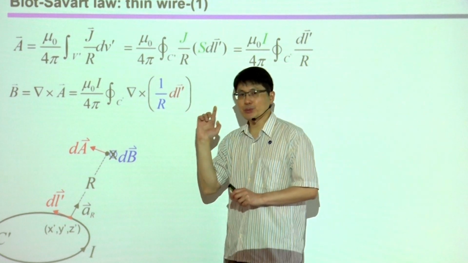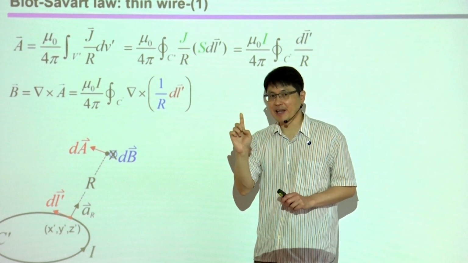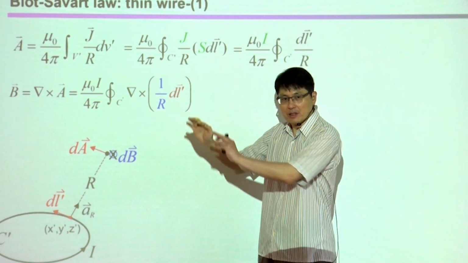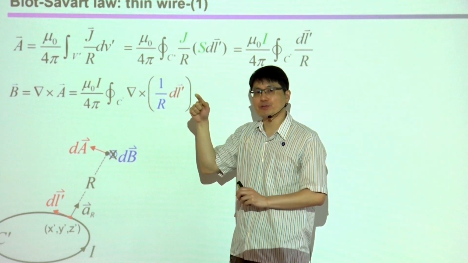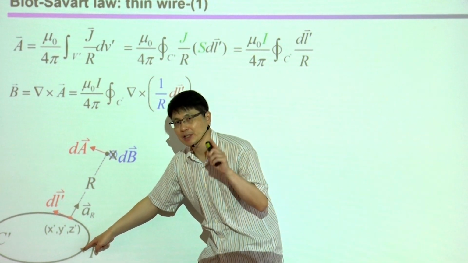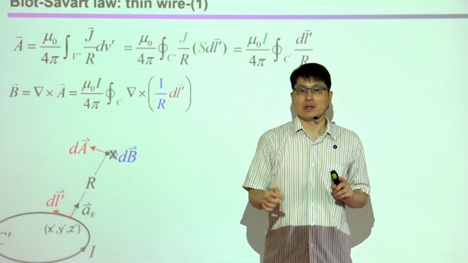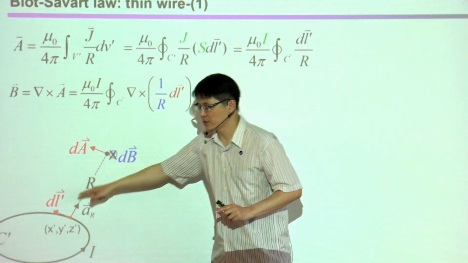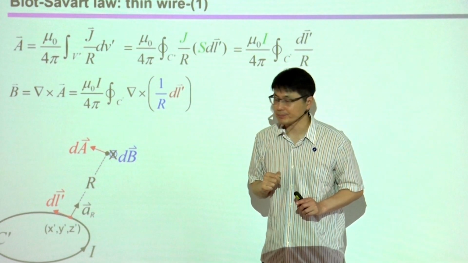But for you to remember and understand, pay attention to how the coordinate systems are labeled. The prime, we are trying to perform the closed loop integration of the current conducting loop. We're always using the primed system to denote the source. Here, the source is a current conducting loop.